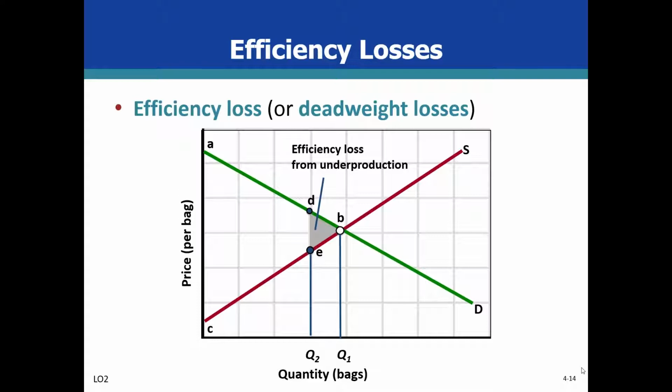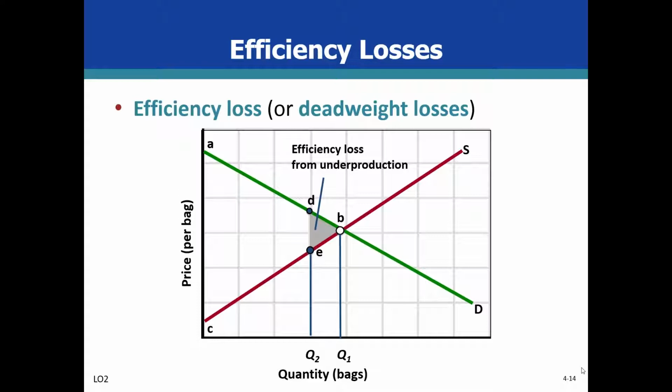If the market is not at equilibrium, not at Q1, assume at quantity Q2, then there is an efficiency loss from underproduction. This area is comprised by D, B, and E. There's an efficiency loss from underproduction.